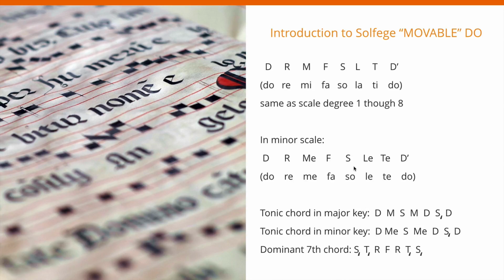So it's a low 3. The 6th scale degree is also a half step lower, and the 7th scale degree is also a half step lower in natural minor, which it should say natural minor there, but it doesn't. So that would sound like this. Do, re, me, fa, sol, le, te, do, te, le, sol, fa, me, re, do.